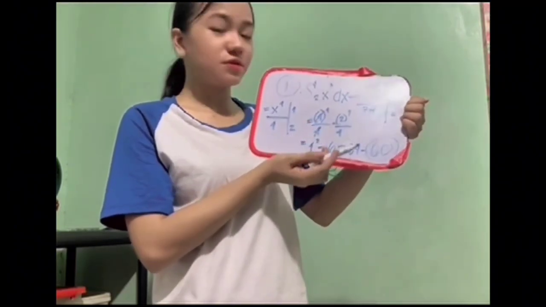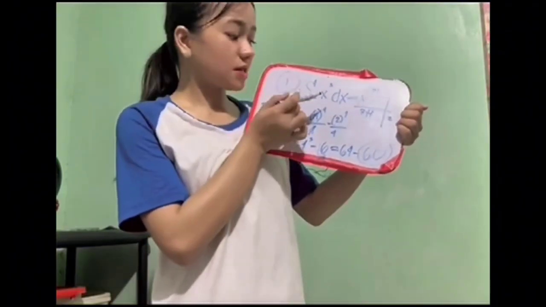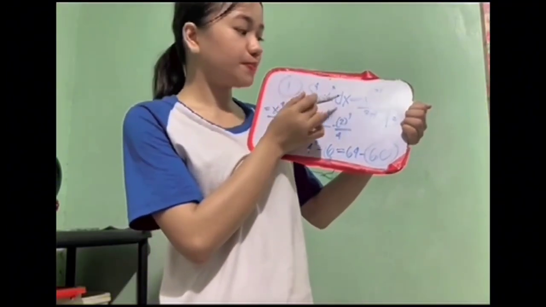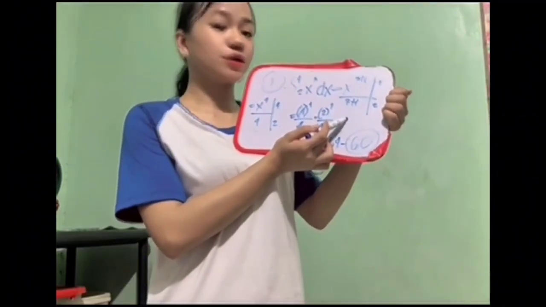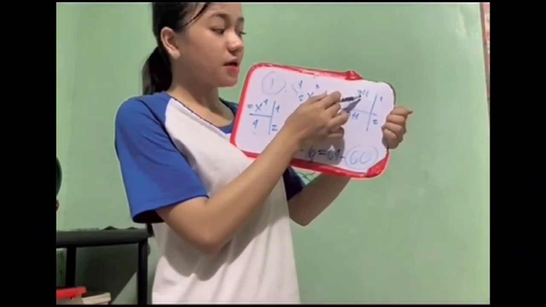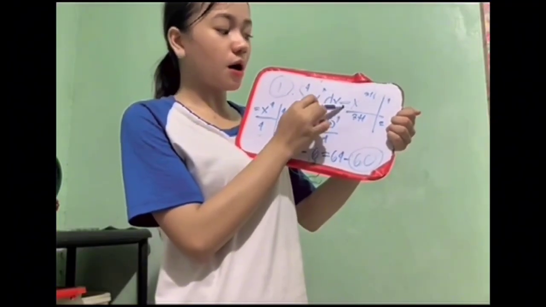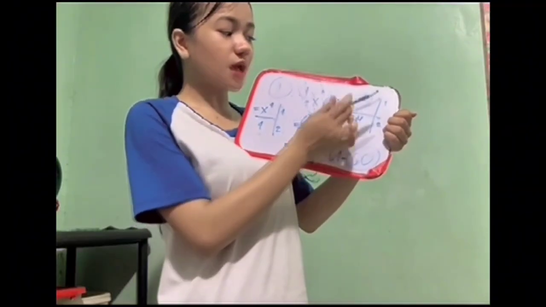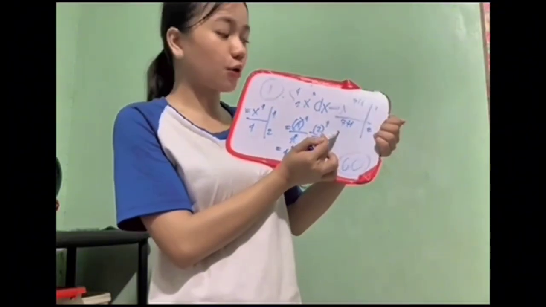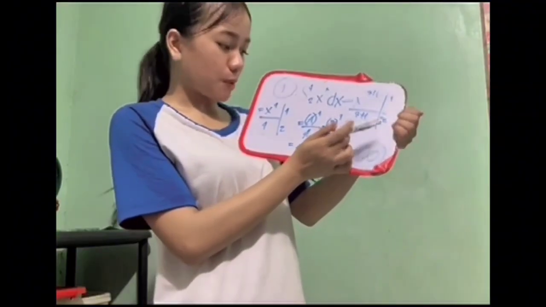The first thing we will do is get the antiderivative of x cubed. We will apply the power rule of integration, so we add plus 1 to the exponent, so it becomes x raised to 3 plus 1, and then we copy the exponent into the denominator.